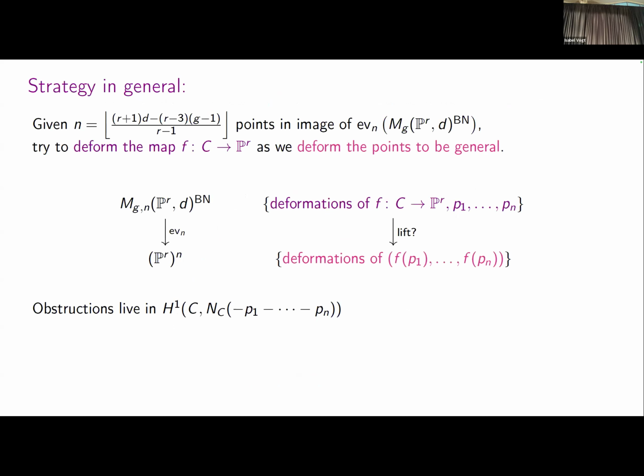So if you want to show smoothness, or you want to show these deformations lift, then the easiest way to do that is to show that this cohomology group is 0. Because then there will be no obstructions to lifting these deformations, and we'll be good to go. The map will be generically smooth, so it will be dominant.